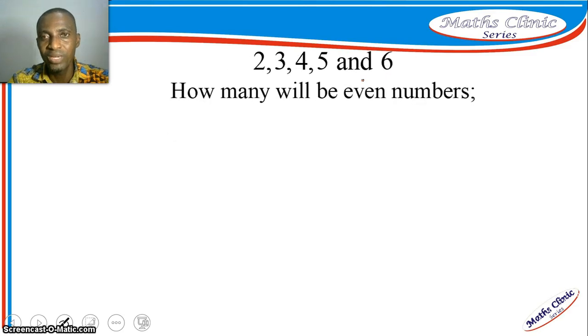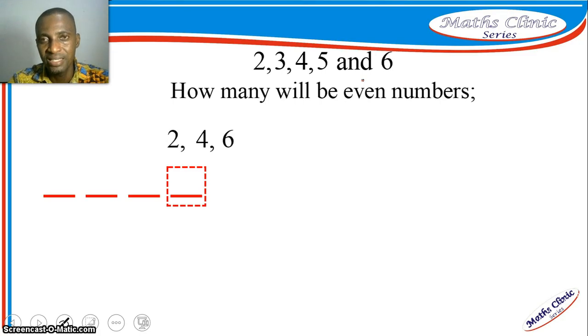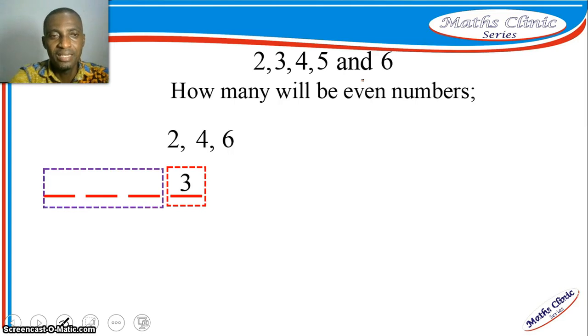The last one, that is where the problem lies. How many will be even numbers? How many of the 4 digit numbers and the 5 digit numbers are going to be even? So for the 4 digit number, of course, we know that the last digit must always be 2, 4 or 6. That is in the question, and it can be 3 different ways we can arrange that. Then we come to the first slot of the remaining 3.